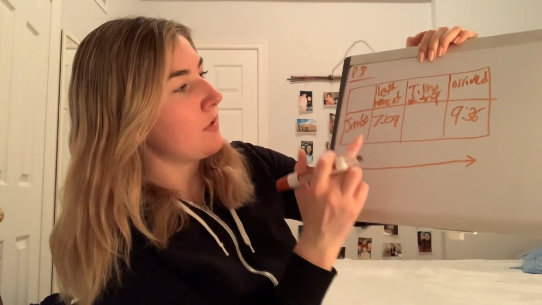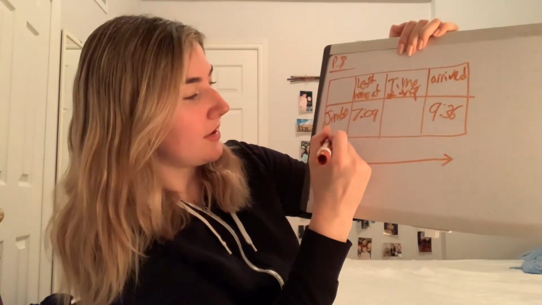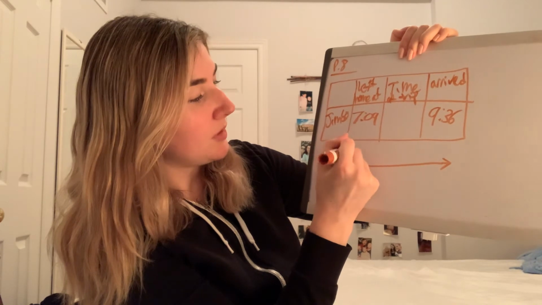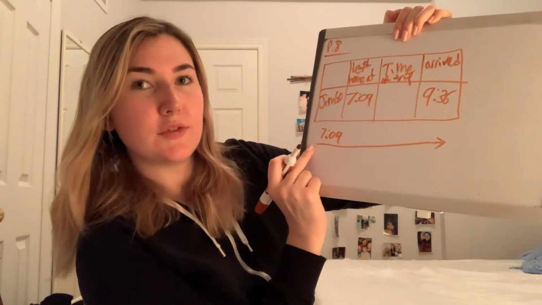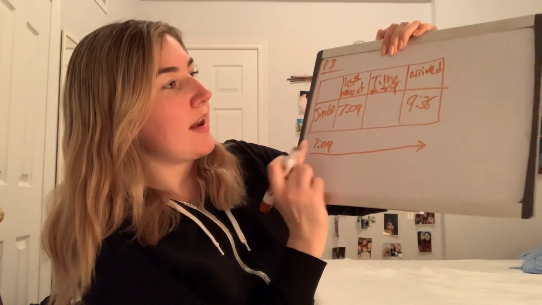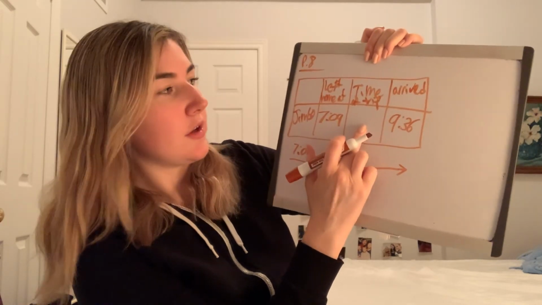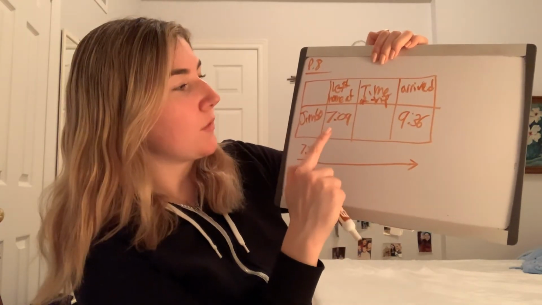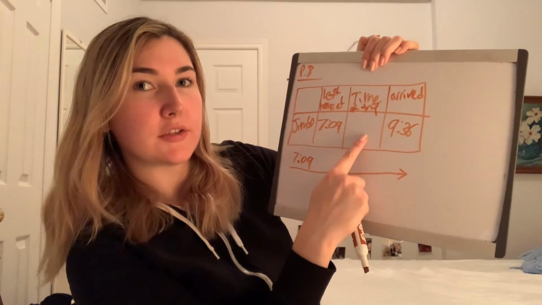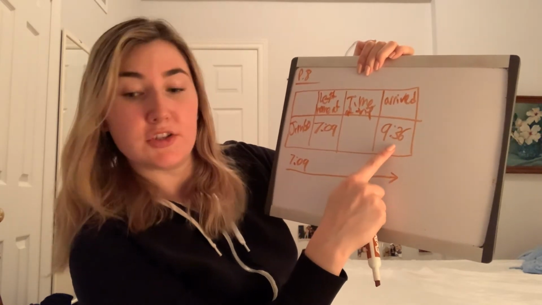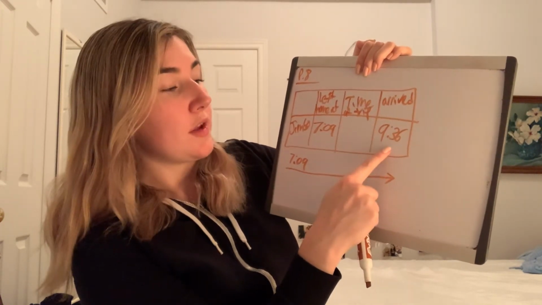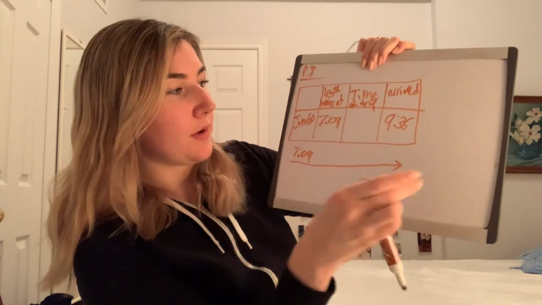So we have our first small number is 7:09. That's when Jimbo left. That's the start of his journey, so it's always at the beginning. And now we don't know how long his trip took, but since we'll have to add when he left and how long it took him to get to where he was going, the arrival time is our big number.